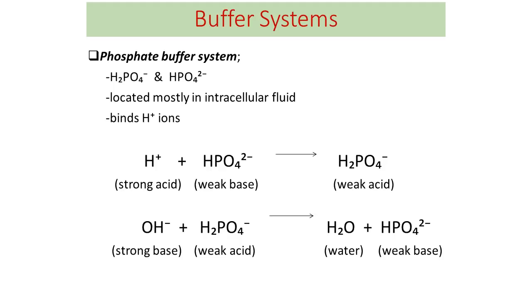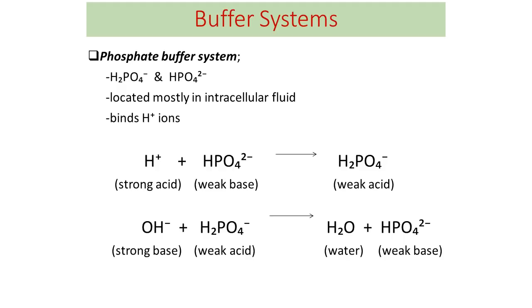On the other hand, if we have a situation where the fluid is too basic, too alkaline, so we have these hydroxyl ions, OH negative, which are strong bases. We can combine it now with the weak acid, H2PO4, and as a result we make water, and we create again HPO4, hydrogen phosphate, which is a weak base.